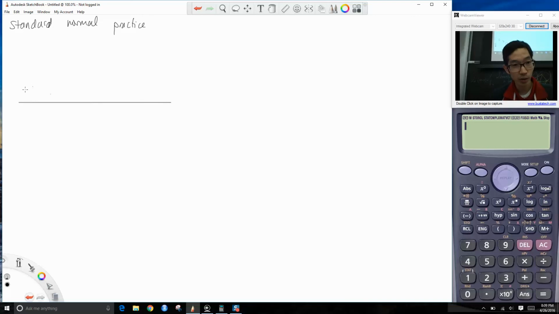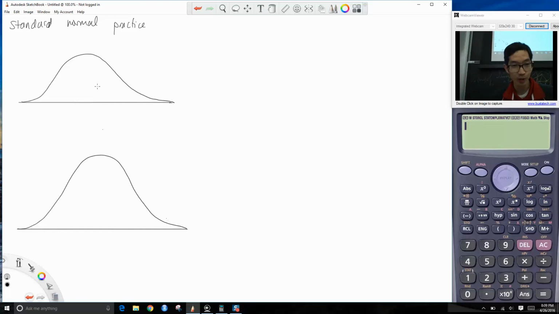And so I'm going to draw a couple shapes here, and you tell me how much I have shaded. Okay, so both of these are supposed to look identical here, but both of these are standard normal, okay?